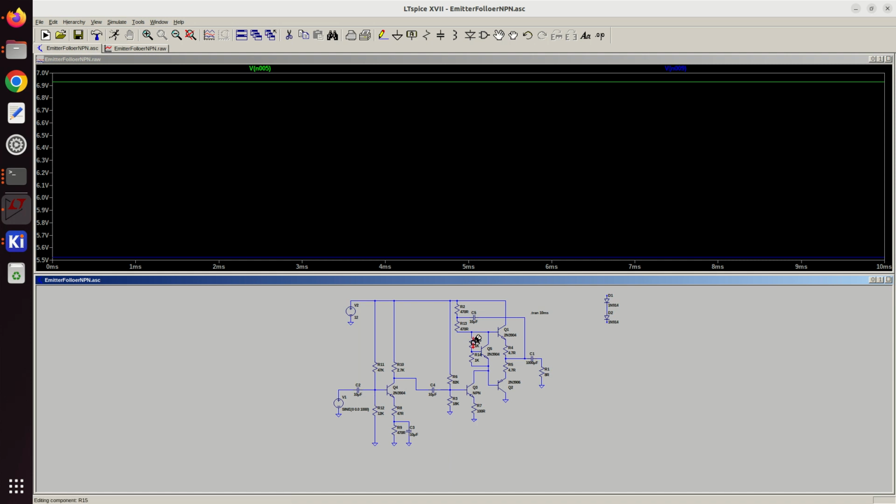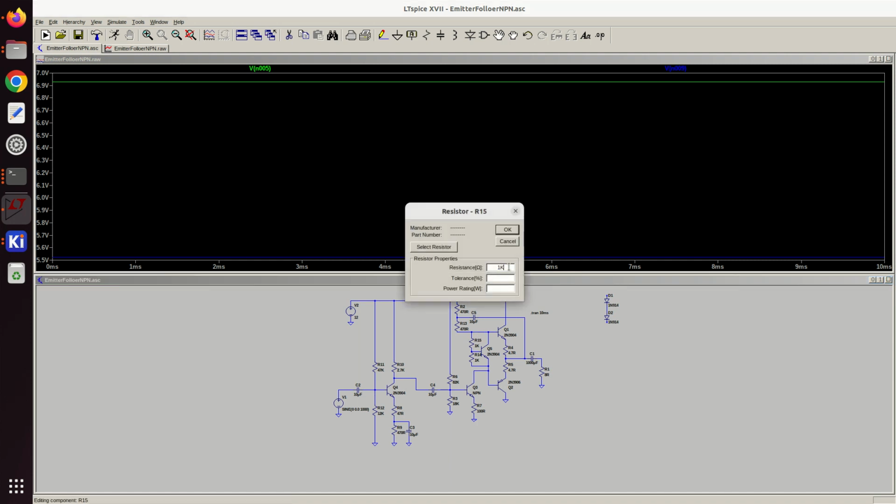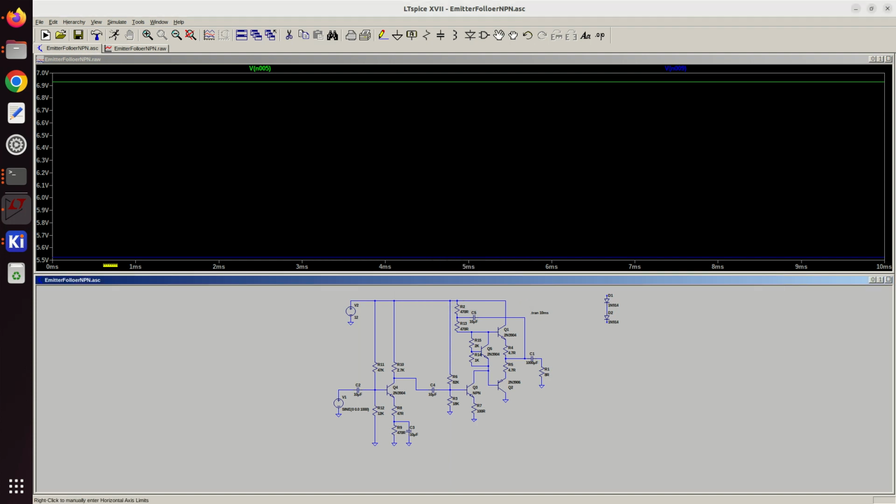So let's say, for the sake of our argument, we wanted a much higher voltage. We wanted three voltage drops, and sometimes if you've a Darlington on the output, you might want 4 voltage drops. So let's say I'm going to make this a 2K. So right now we're approximately 5.5 to 6.9, which is 1.4 voltage drop.